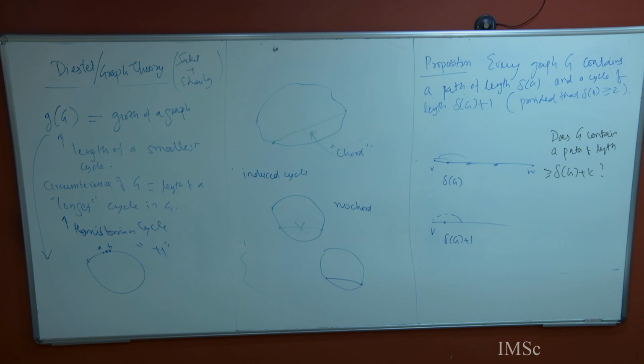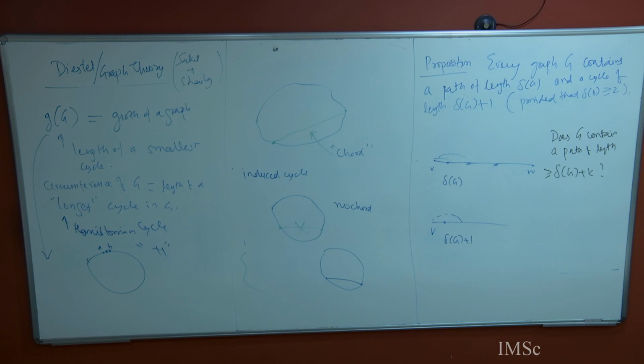So for example, here's a lemma. If a graph has minimum degree different from maximum degree, then there is a path of length at least delta G plus 1. That's a statement. That's your graph theory. You can make anything as you wish.